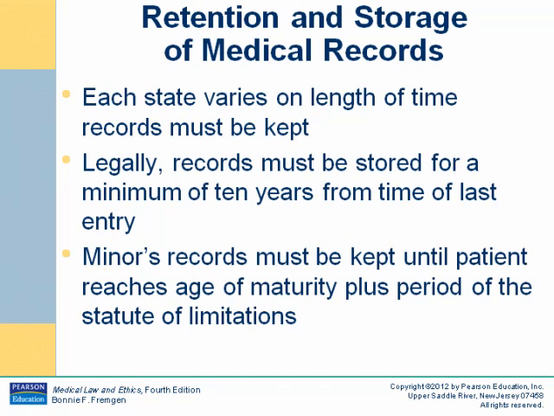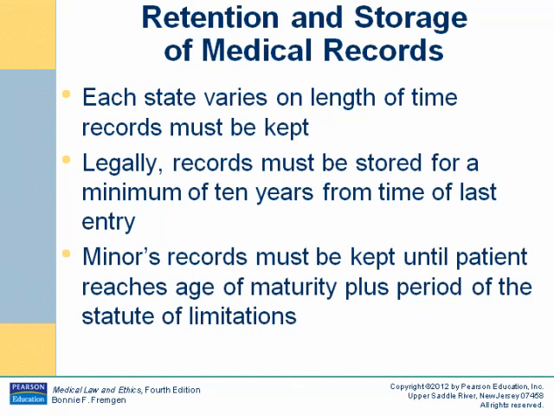So another question I brought up earlier, like how long do you have to keep some of these records? They can get voluminous. Every state decides their own format for how long they're going to keep their records.